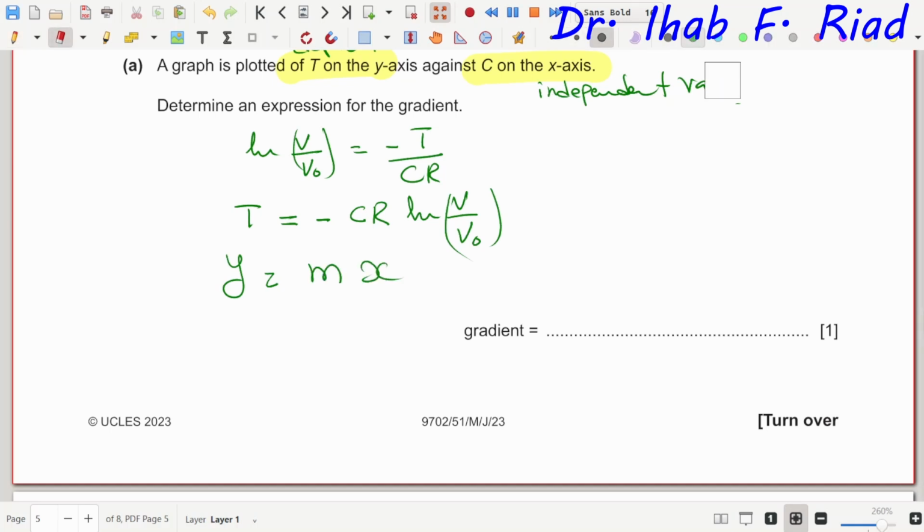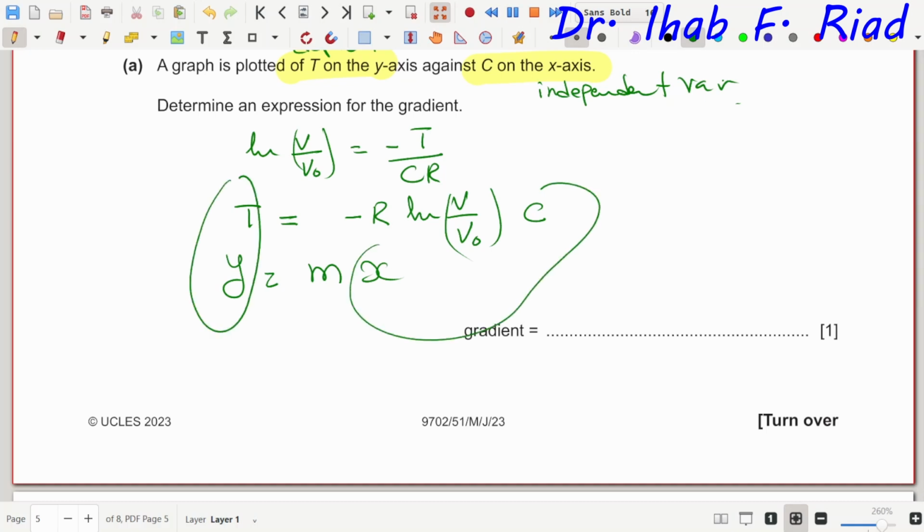Let me write it this way: T equals minus R ln V over V naught, times C. So this is the dependent part, this is the independent part, and this is the gradient. So what is the gradient? It is going to be minus R ln V divided by V naught. We don't have an intercept because there is nothing over here. The intercept is going to be 0.